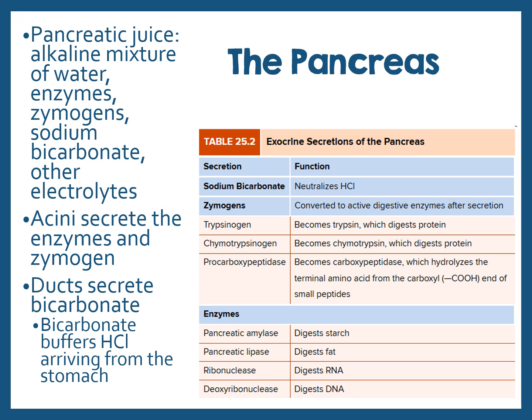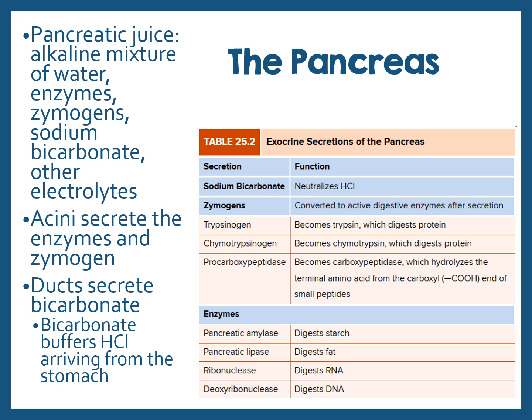They require something to activate it. So we have acini cells that will secrete enzymes and zymogens within the pancreas, and those will go down into the ducts, and those ducts will eventually lead to the pancreatic duct, and that pancreatic duct will go into the duodenum. And so there in the duodenum, there might be something like enteropeptidase that is located on the brush border of the duodenum that can activate some of these zymogens.